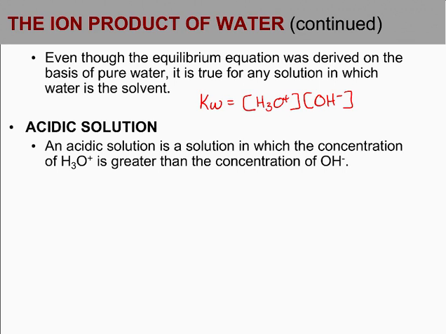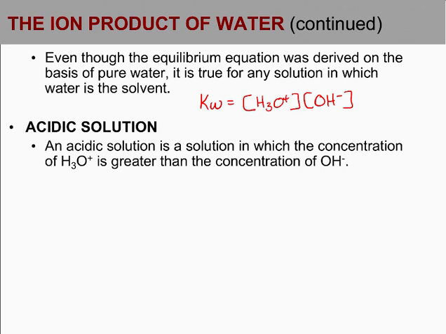So maybe the concentration of hydronium ions is a little bit greater or a lot greater than the concentration of hydroxide ions, or maybe the concentration of hydroxide ions is greater than the concentration of hydronium ions. So this will determine whether a solution is more acidic or more basic.